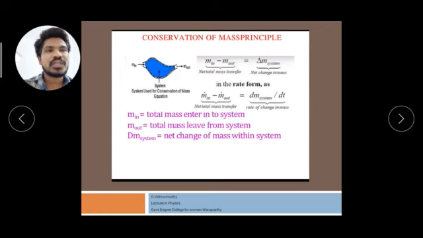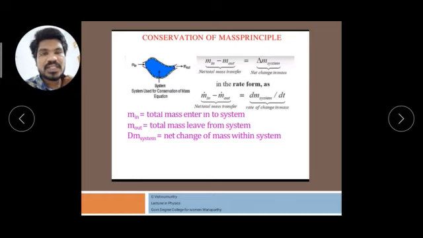In rate form, it is defined as m input minus m output is equal to dm system by dt, that is the mass taken by the system with variation in time, the rate of change in mass. m input is equal to the total mass entering the system, m out is equal to the total mass leaving the system, and dm system is equal to the net change of mass within the system.